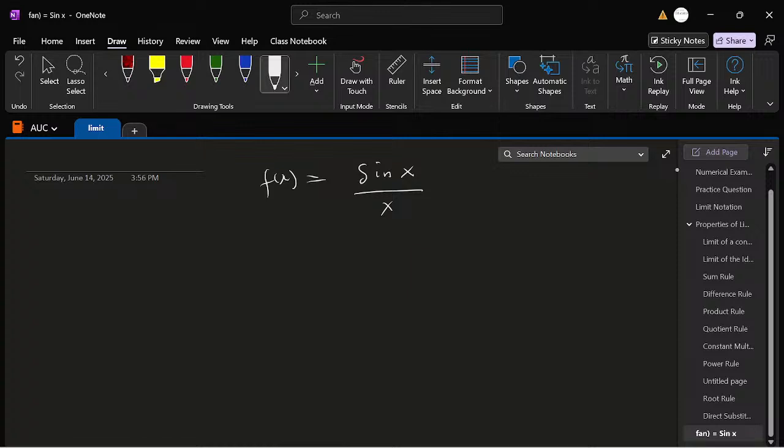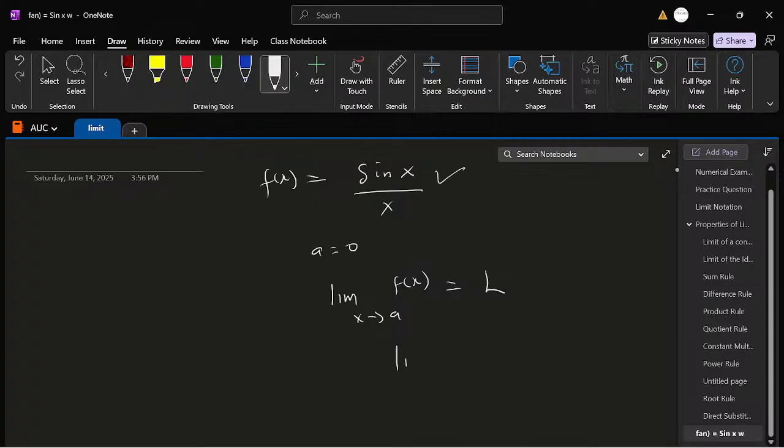For this one, if x tends to 0, that is a equals 0. If you have the general form, the limit as x approaches a of f of x, this is the f of x now, and a equals 0 for this one.